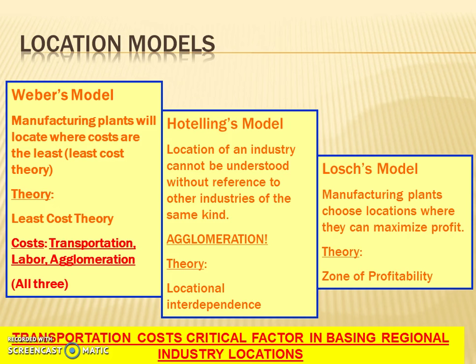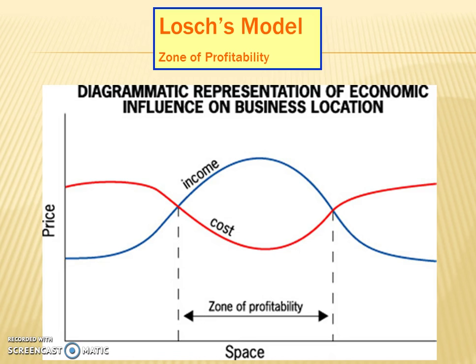That's very much about Hotelling. And then lastly, we talk about Losch. Losch's theory is the zone of profitability. Here's the graph related to it. And this has to do with, again, finding the area where you have the most income and the least cost, and that will be your zone of profitability. So these are your three theories that you need to keep track of in terms of where an industry would be located.